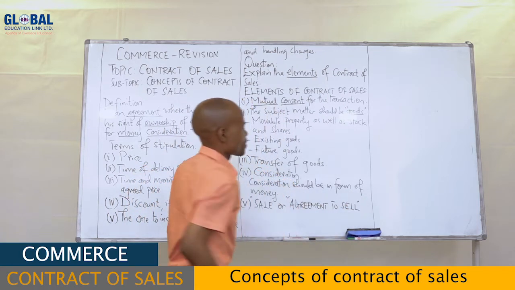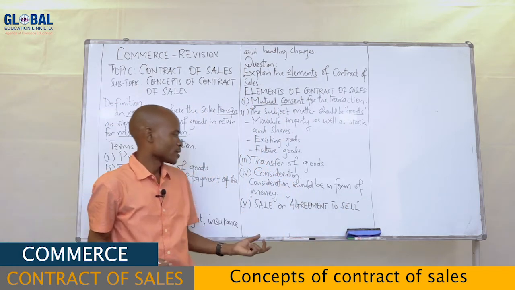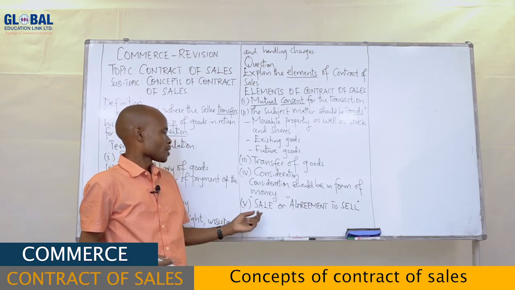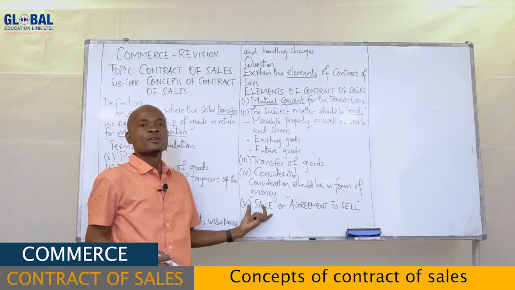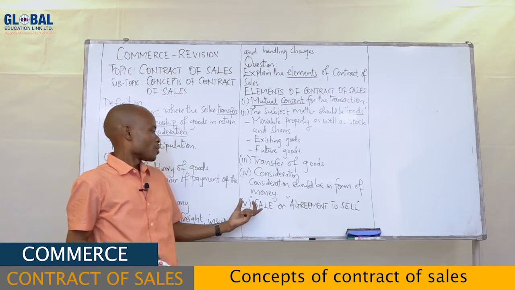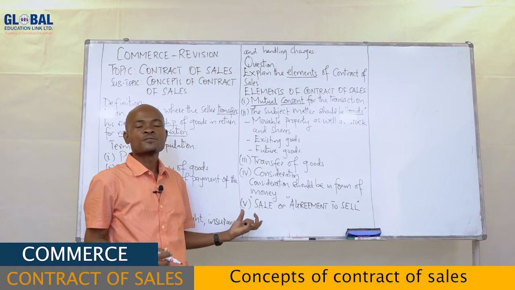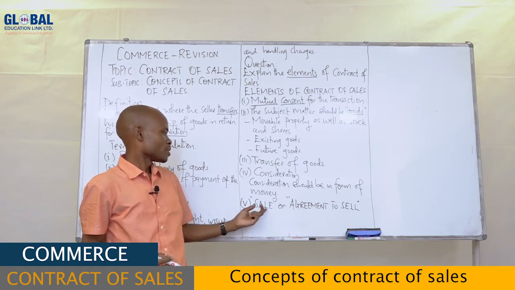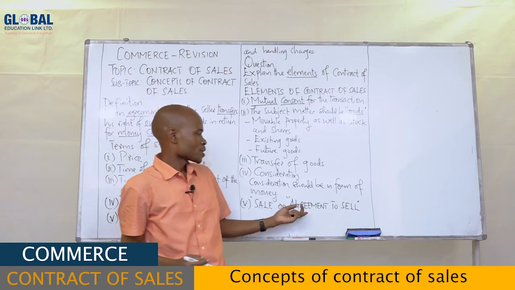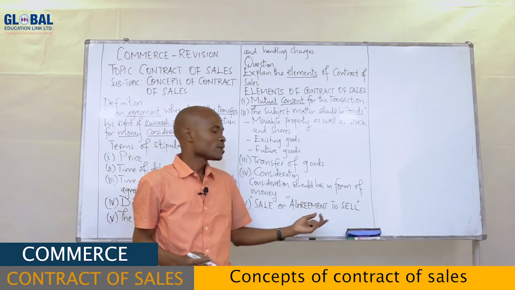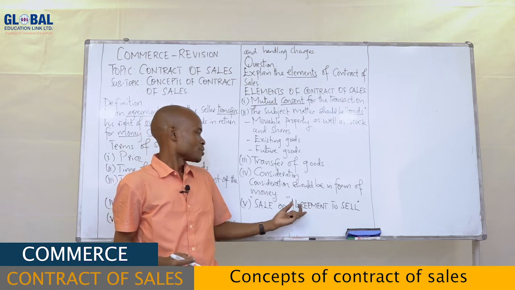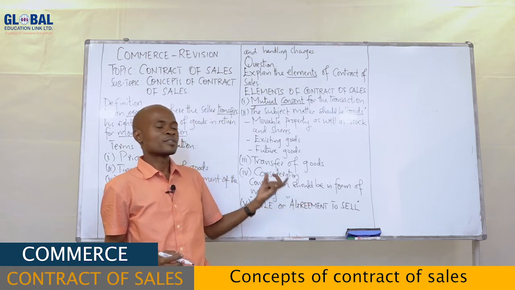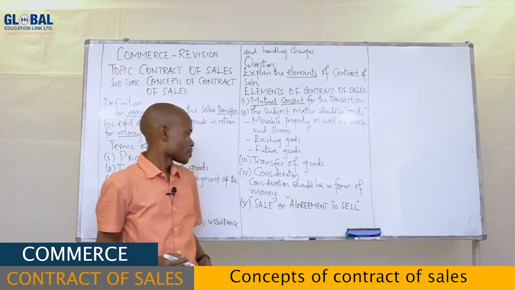Now, when we speak about a sale in contract of sales, it simply means ownership is transferred immediately. When we speak about agreement to sell, it simply means ownership will be transferred at a future date.